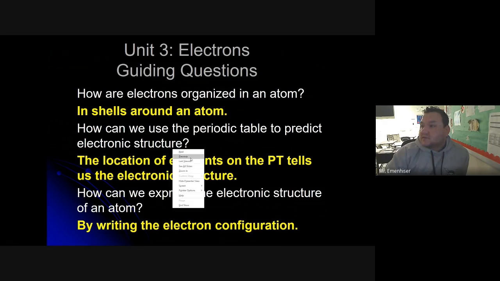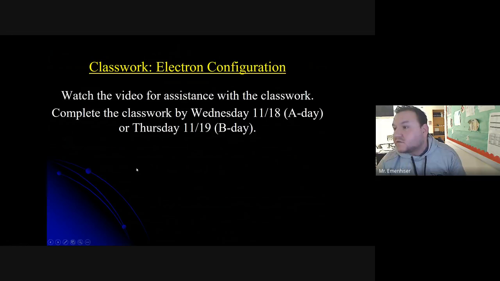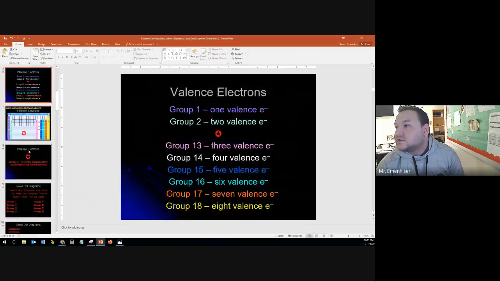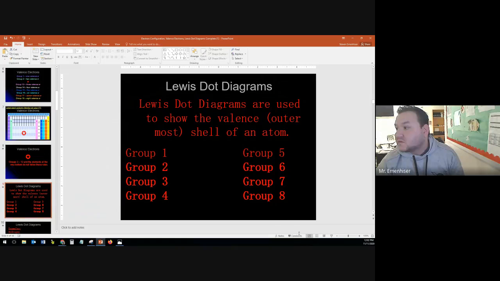Okay. So now let's go where we left off with the video. Remember that as you go across the periodic table, you add electrons to that valence shell, which is the outermost shell. And so we should be able to write Lewis dot diagrams for these guys. And let me review that real quick.